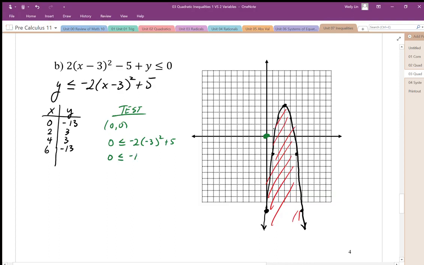In this case, 0 is not less than negative 13. That is wrong. That does not represent a point in my solution space. So the area above the graph represents a non-solution because that point is above the graph.